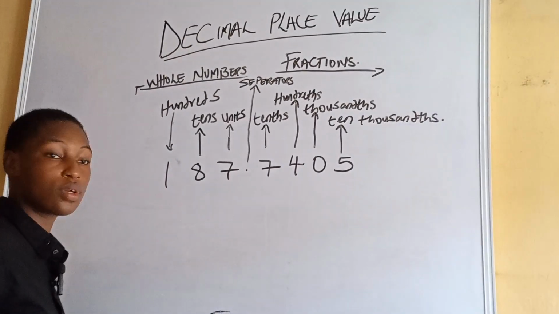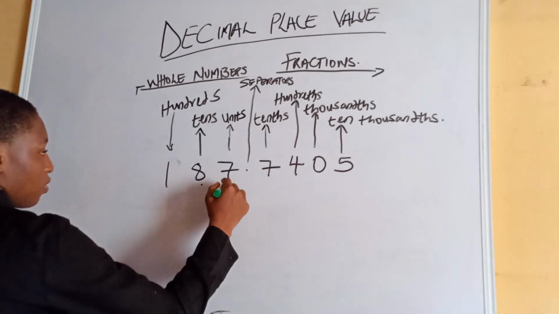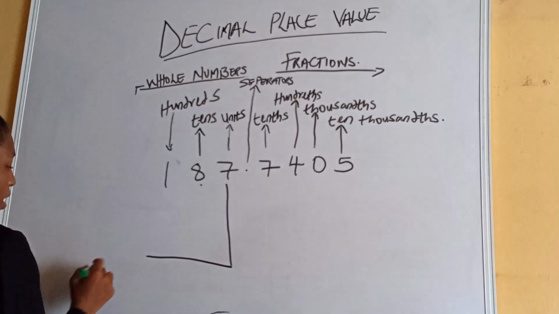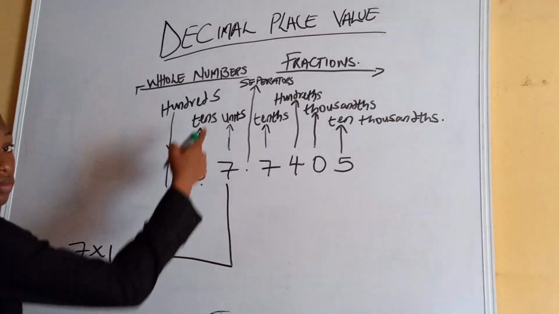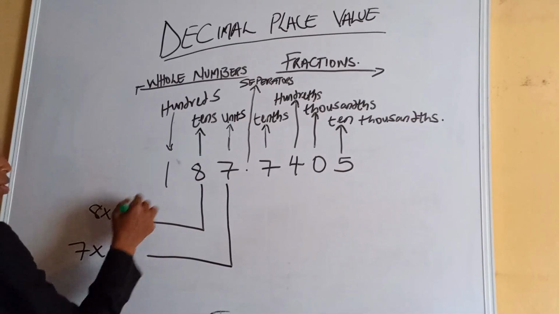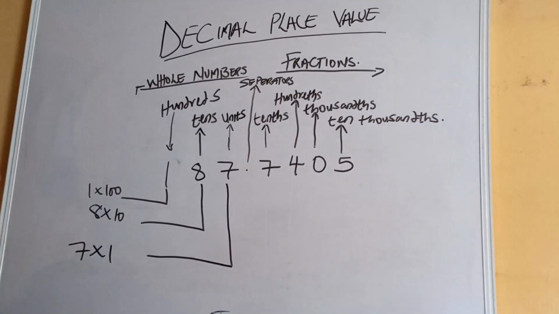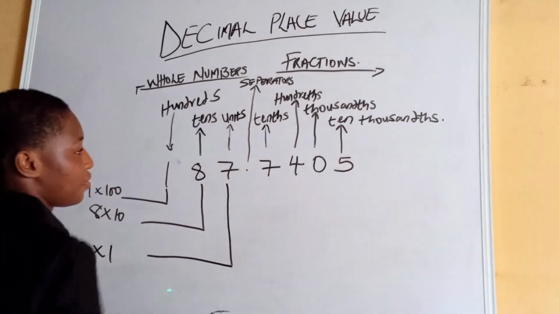All right. So now we are going to do this in expanded form. For the whole number, we have 7 times 1 for our unit, and for 8 we have 8 times 10. For the hundreds, we have 1 times 100. Now over to this side for the fraction.